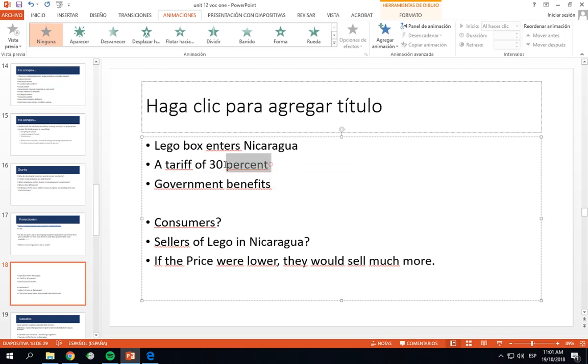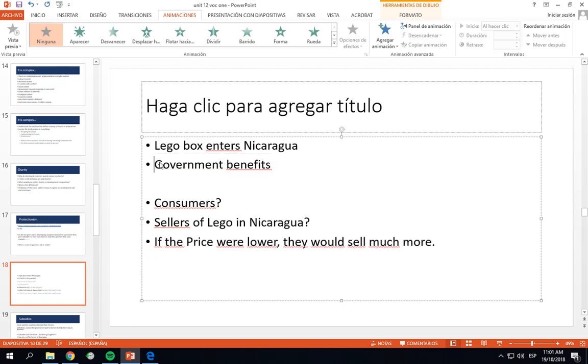So if there wouldn't be 30%, consumers would get a lower price, sellers could sell more LEGO in Nicaragua, and of course the government would still receive taxes.